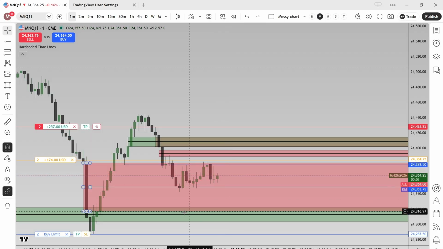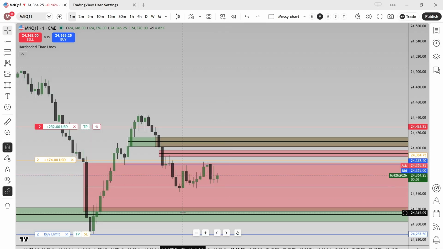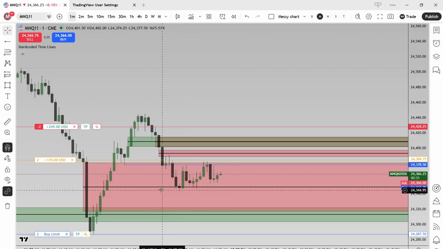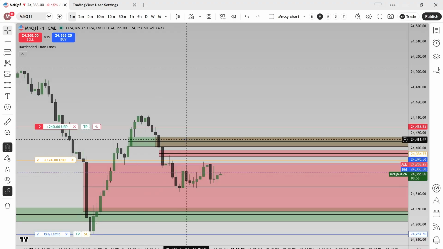It's just moving too slow. This might be the liquidity they take out and then run it up. I'll hold a couple minutes with a tight stop loss during the lunch macro.